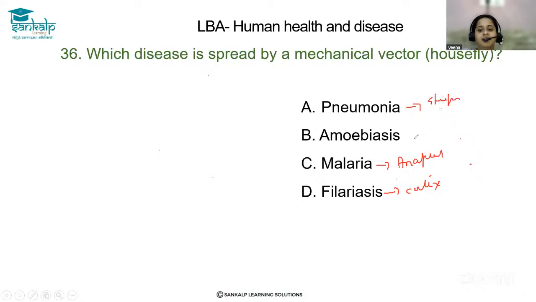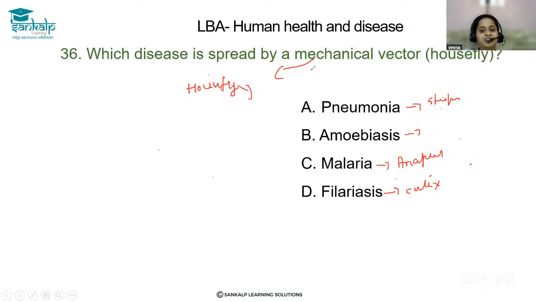And here amoebiasis. This is caused by contaminated water and food. So the vector here is a mechanical vector. The meaning of mechanical vector is that the vector itself is not affected, it only affects the other person.